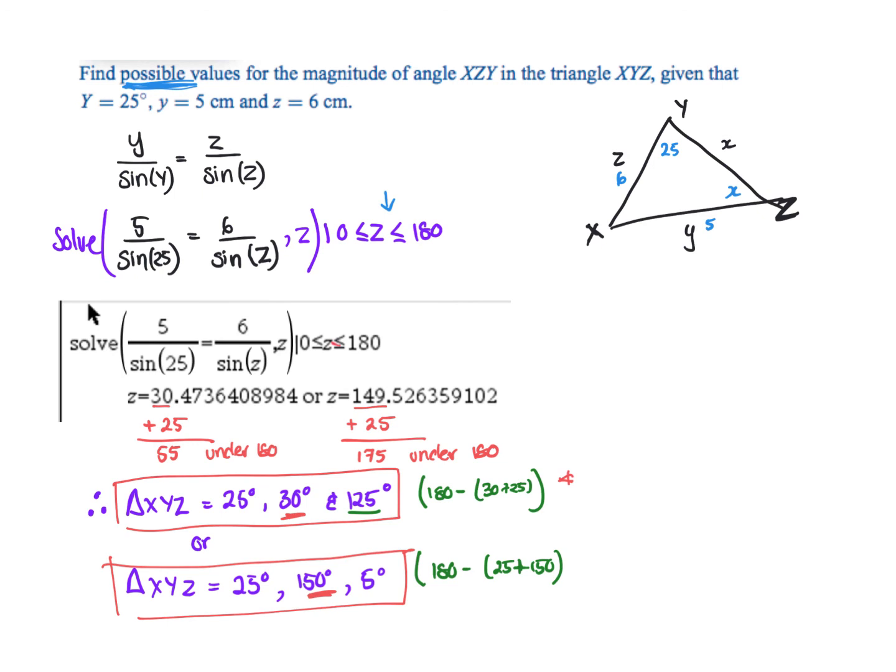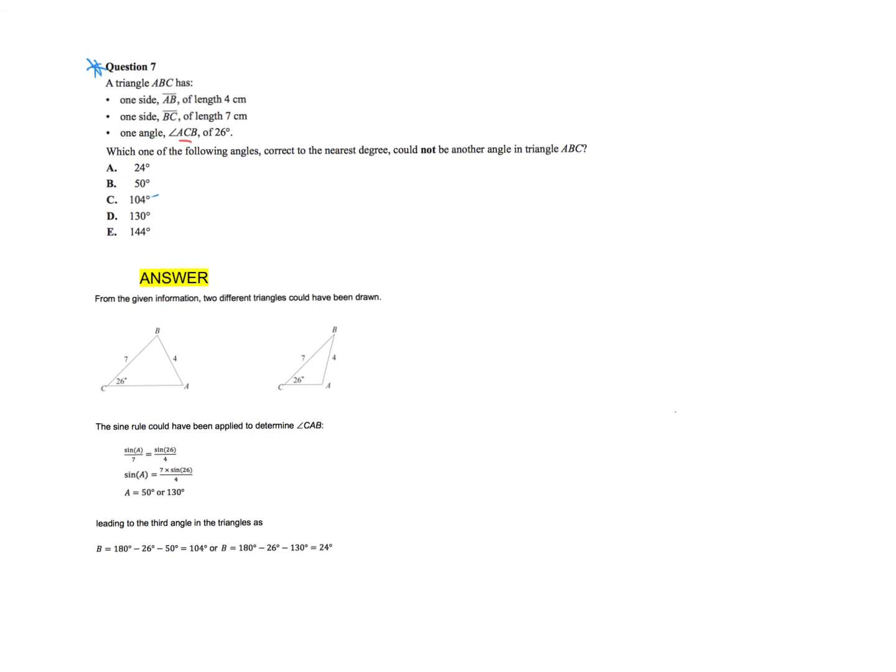All right. Okay, so this was another exam question, and I'm just showing you, it's up in question 7, so it is a little bit of that case. It says the triangle ABC has, so even if you want to start drawing it yourself, you go A, B, C. AB has a length of 4 and BC has a length of 7, and the angle ACB is 26.